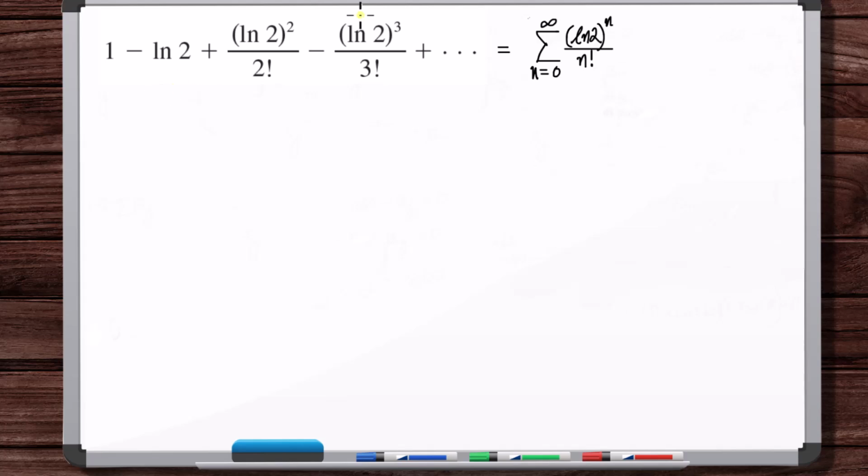Oh, but then we need an alternating term. So minus 1 to the n, natural log of 2 to the n over n factorial. So there you go. There's the summation.